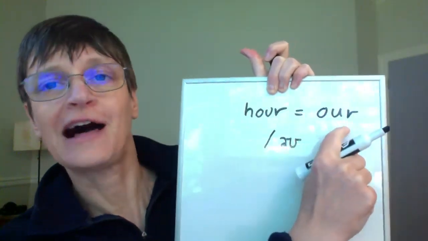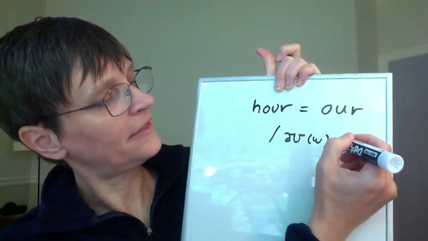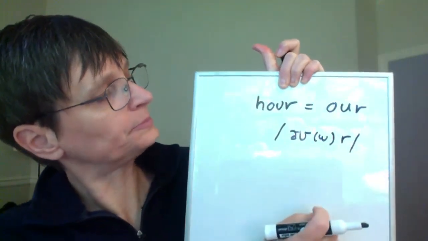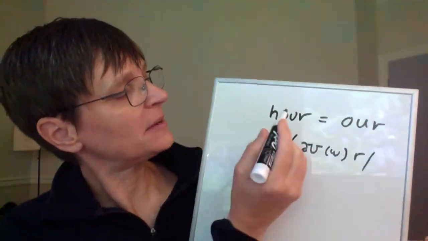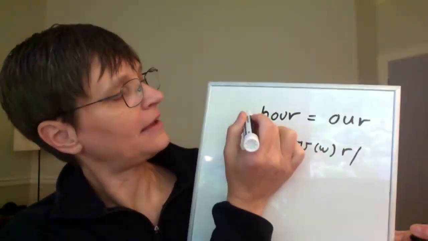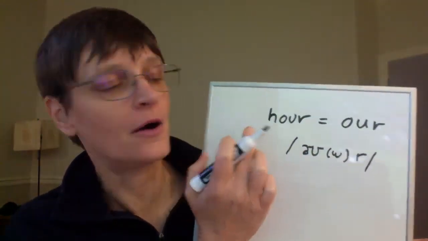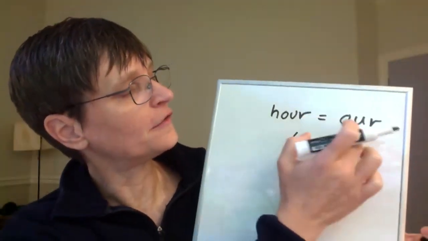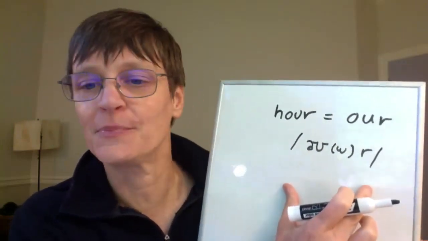And just like flower, we have the w sound and then the r sound, our. Very good. And an error that sometimes people have is they will say an H on either of these words. They might say more like hour for either of the words, and that's incorrect. You just want the vowel and the r sound, our.